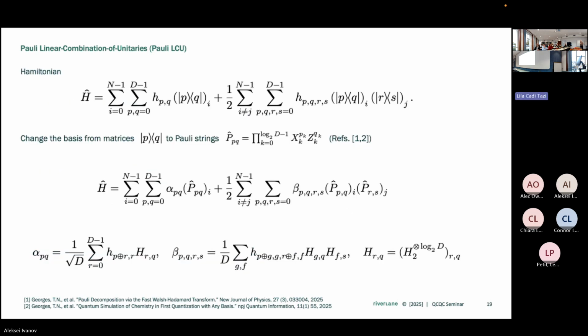So you can think about this transformation when you apply it. This is a permutation, which doesn't change the norm. Then you apply Hadamard, but this is just a unitary transformation. So after this unitary transformation, the norm will have the same scale. And then you have an additional factor 1 over d, which reduces the scaling from d to the power 4 to d to the power 3. Why does it reduce it by that factor of d?